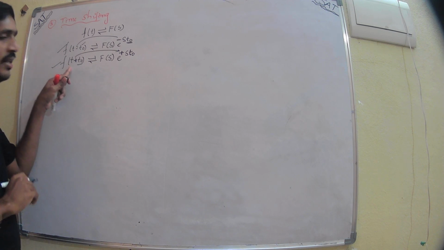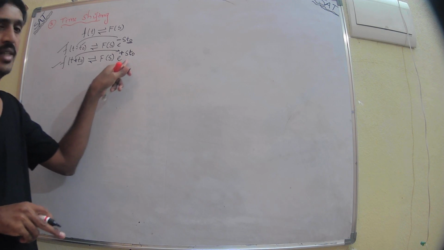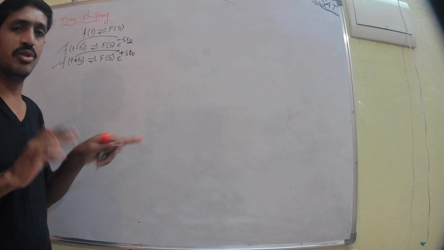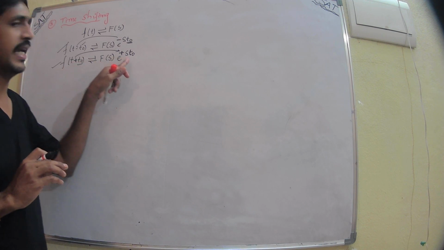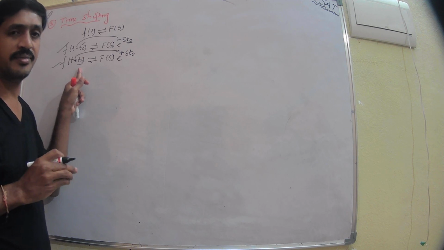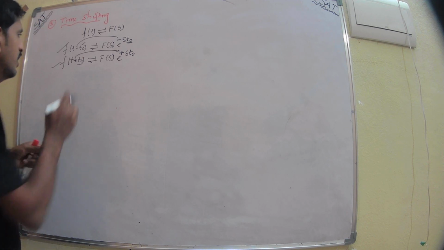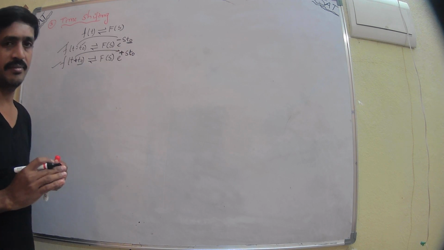That means the time shifting in the time domain is an exponential multiplied in the s domain, with the same sign in the exponential and in the time domain. Please remember this point: plus in the time domain and plus in the exponential function.